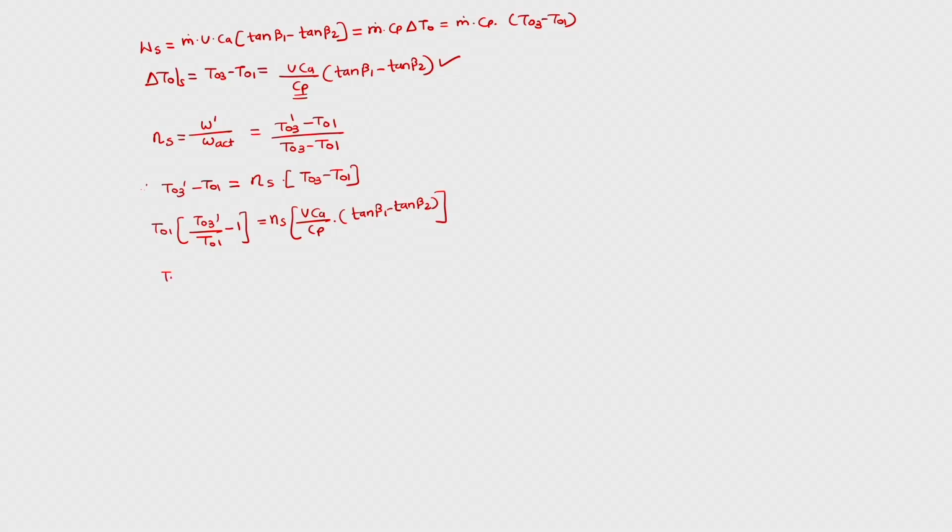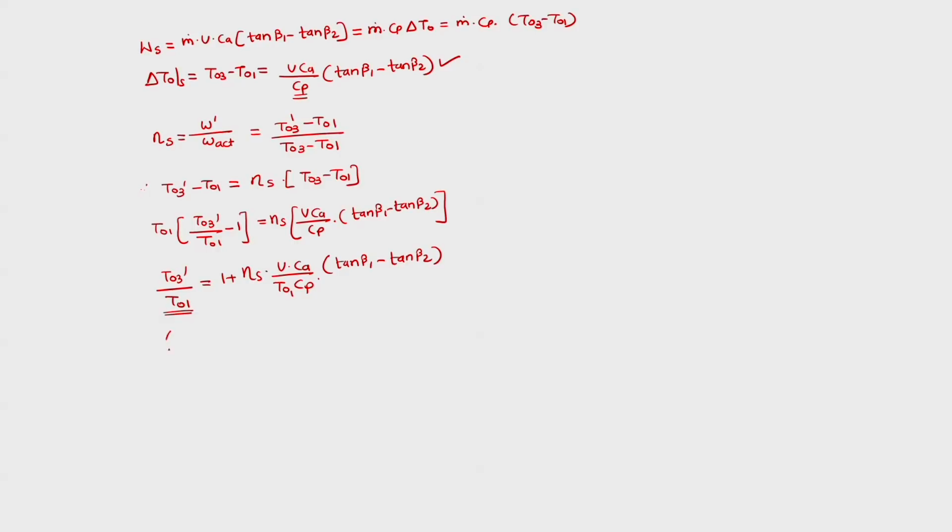So we have T naught 3 dash upon T naught 1 equal to 1 plus stage efficiency into U Ca upon T naught 1 Cp into tan beta 1 minus tan beta 2. But this side is the isentropic temperature ratio.